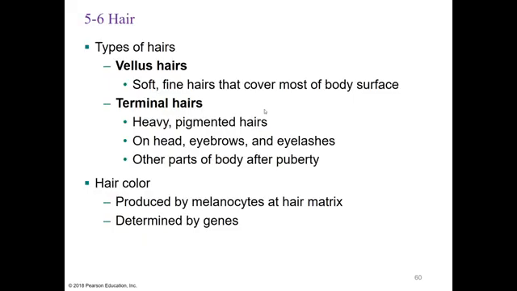Very soft and fine. Terminal hair is heavy pigmented hair. So this would be like on the head, eyebrows, eyelashes, and other parts of the body after puberty. Hair color is produced by melanocytes at the hair matrix and is determined by your genes.